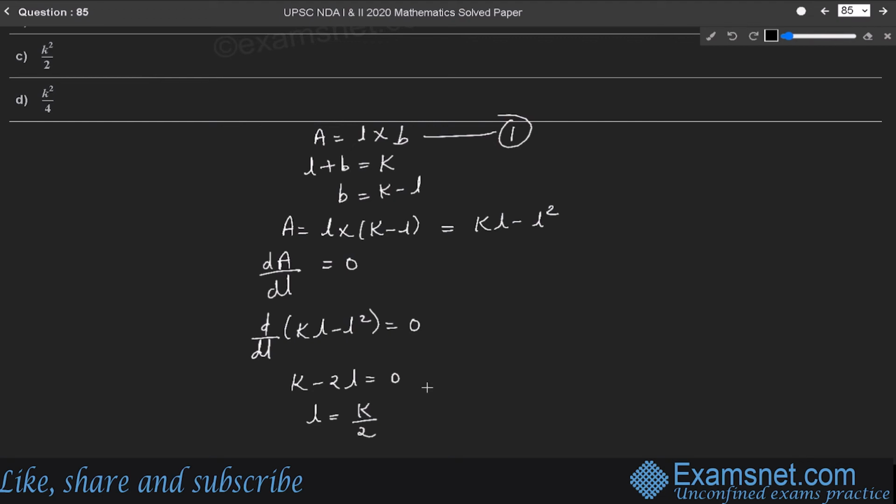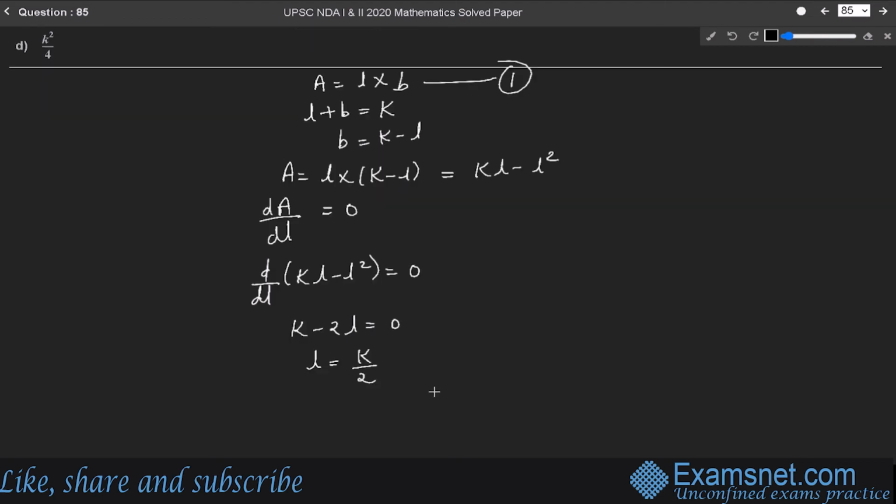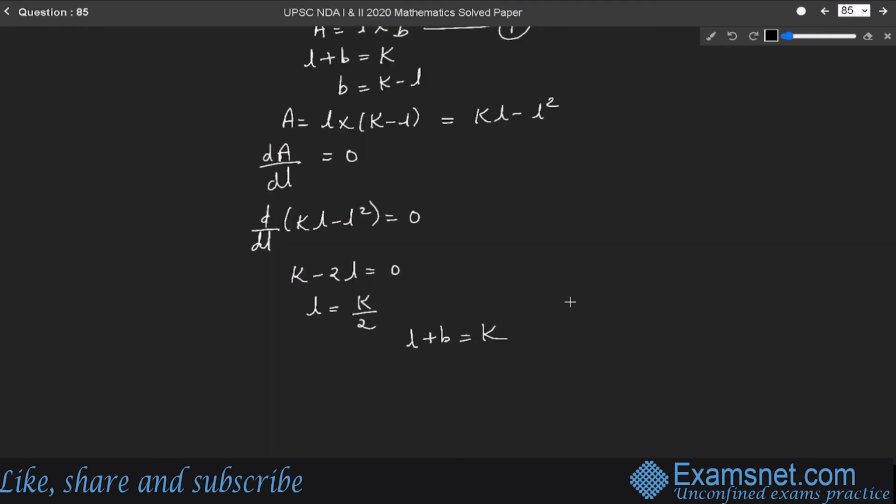Now putting this value of L into the equation which is given in the question, which is L plus B is equal to K, we will get K by 2 plus B is equal to K. So B will be equal to K minus K by 2, which is again K by 2.